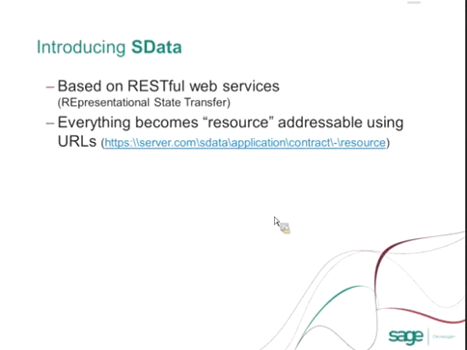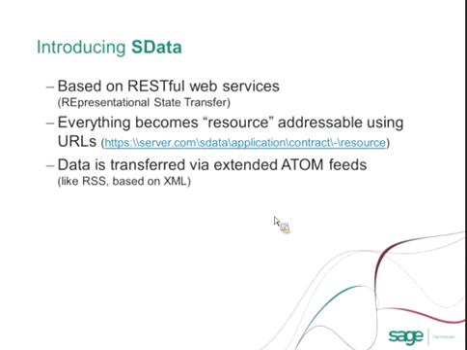And Sage applications would then respond to those URLs. In response to the URL, you get some data, and that data is transferred via Atom feeds. And Atom is a public standard. It's based on RSS, which is really simple syndication, and it's the kind of format used in feed reading tools. But it is all based on XML, a very, very simple structure.